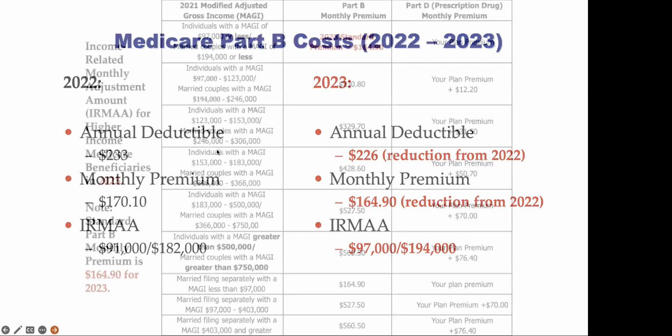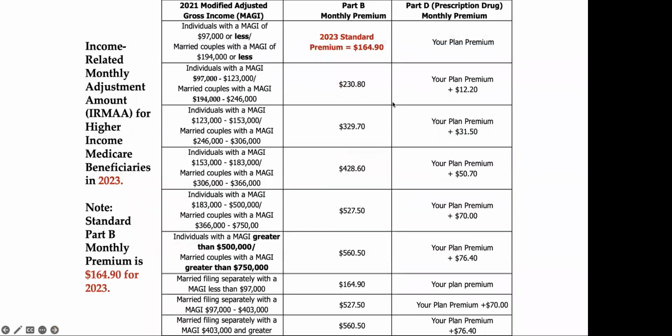When we go to this slide, this shows for 2023, the premium at $164.90. You can see here in the middle column, you see the dollar threshold for single filers and joint filers.